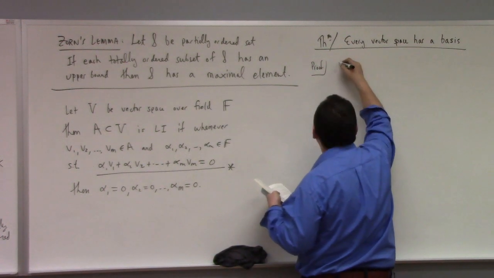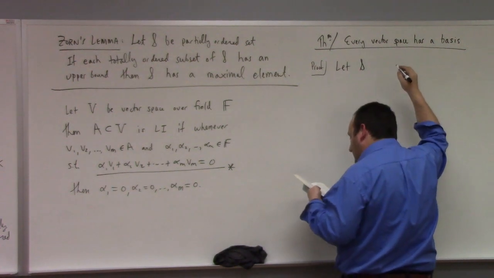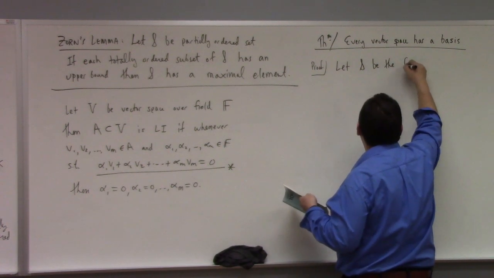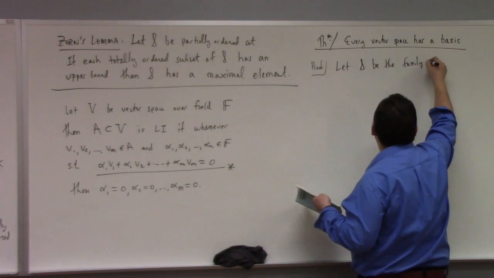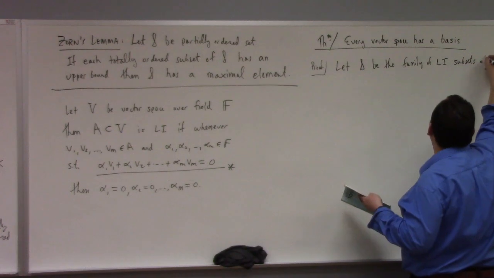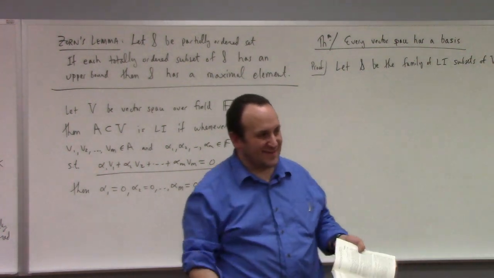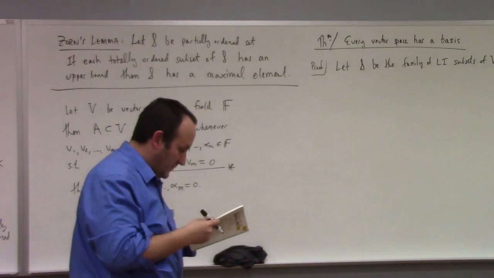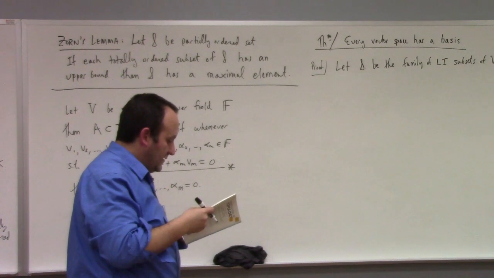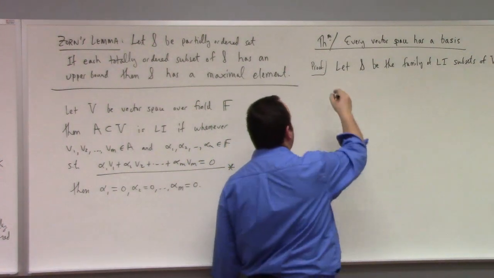Let S be the family of linearly independent subsets of V. We're assuming V is the vector space, okay. He says, with the usual ordering of inclusion, this becomes a partially ordered set.